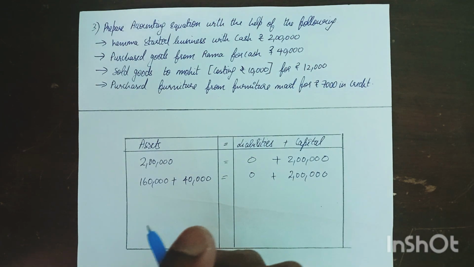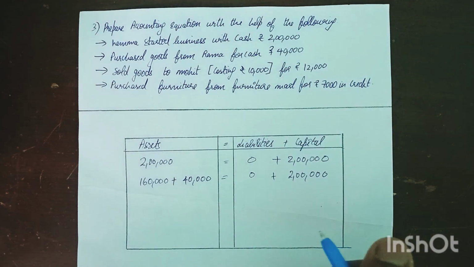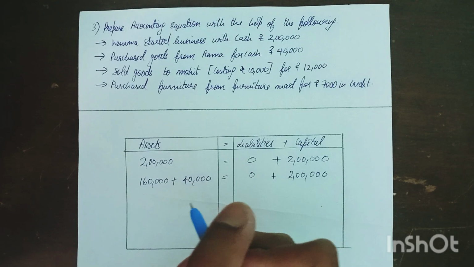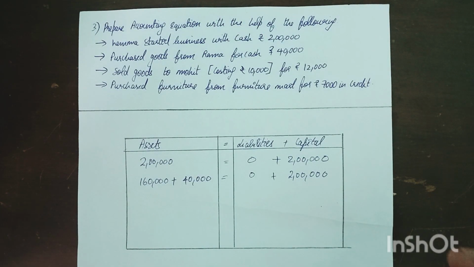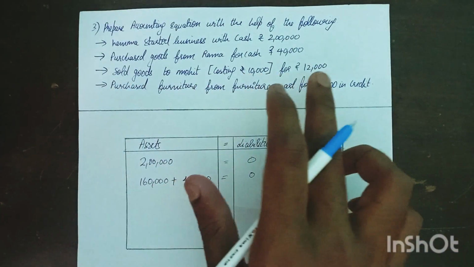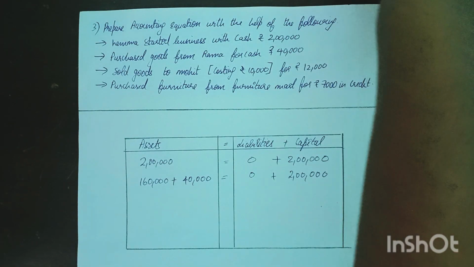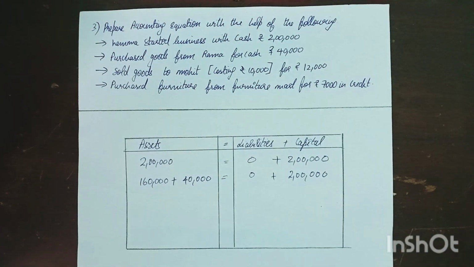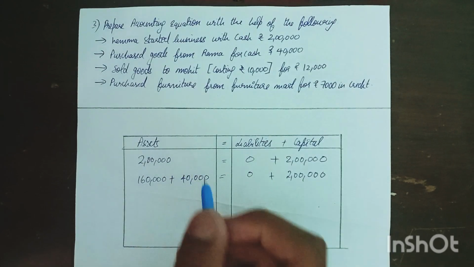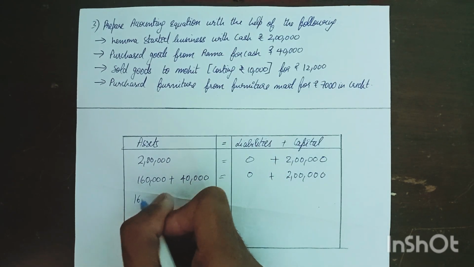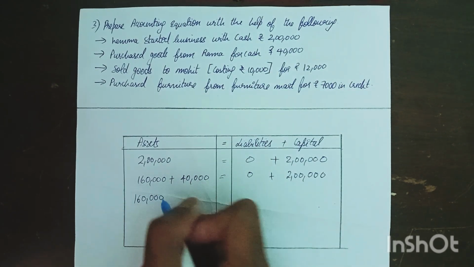Okay. Sold goods to Mohit costing 10,000 for 12,000. So this is a question with a twist. Let me explain you. First we'll write 1,60,000 left. This is a cash, right?